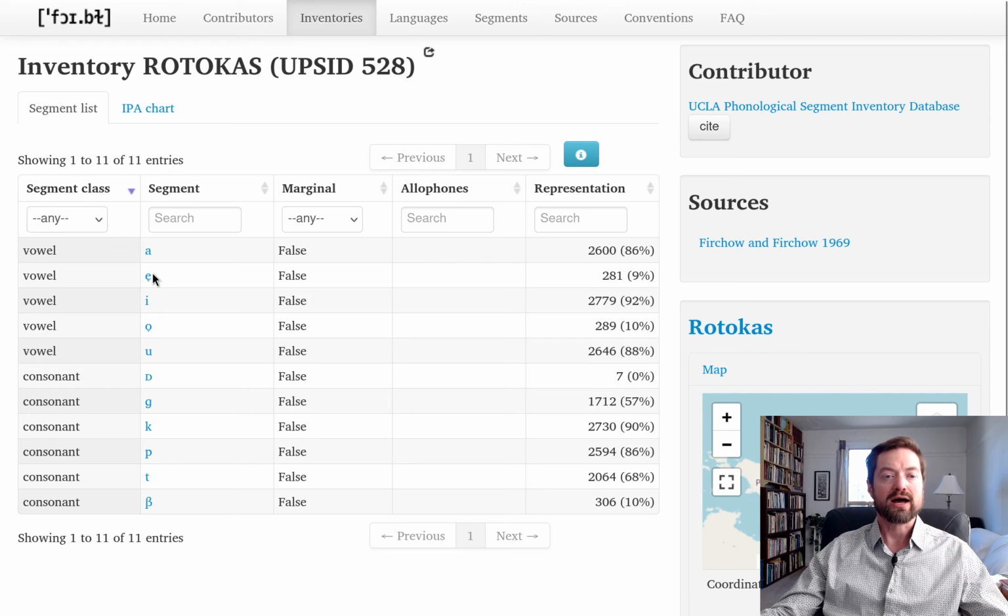And almost every language that has 5 vowels would have these 5. Conveniently, also the same 5 vowel letters that we have in the Latin alphabet, the English alphabet. And so there's your 5 vowels, and so many languages have this same collection.